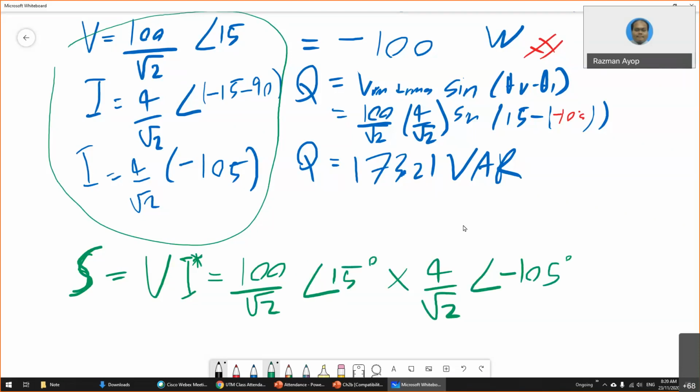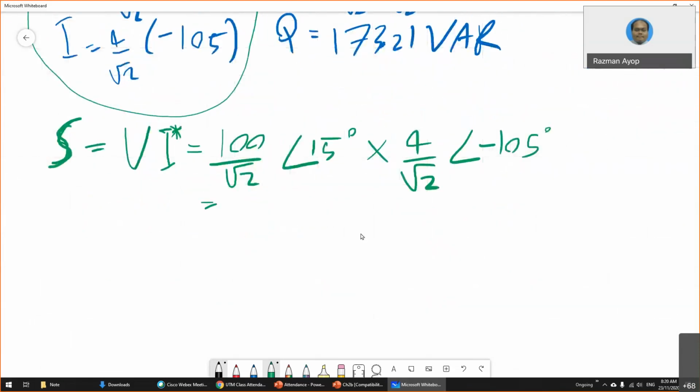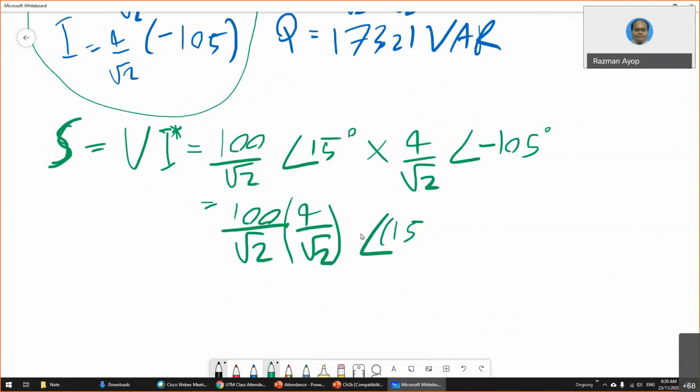So use your calculator, or you can do it manually. 100 divided by square root 2, multiplied by 4 divided by square root 2. For the angle, if you multiply, you just add. If you divide, you have to subtract. So 15 plus negative 105 degrees.